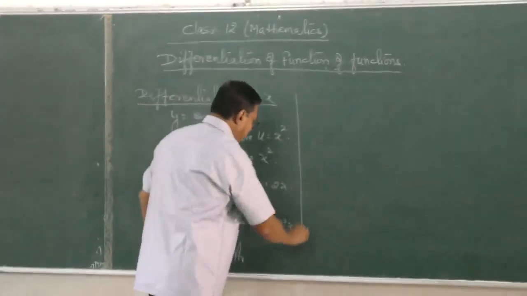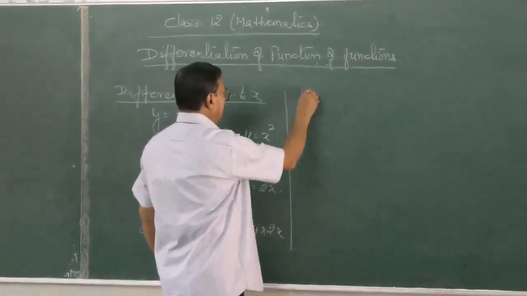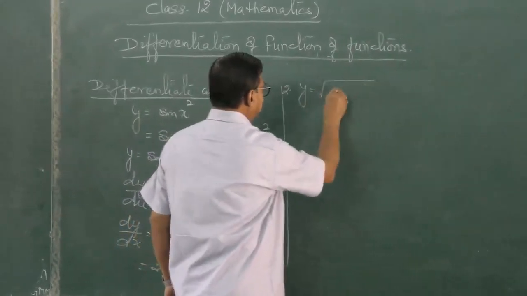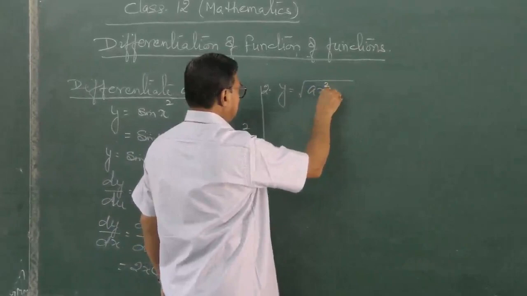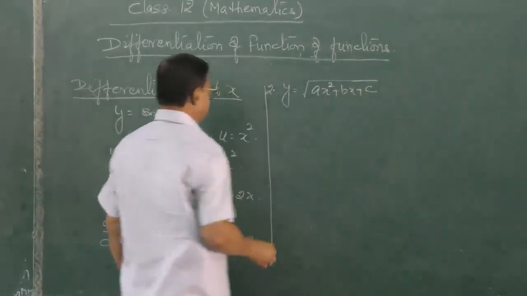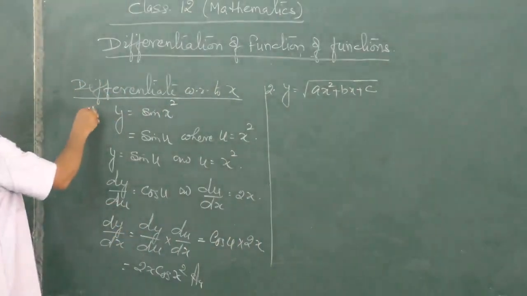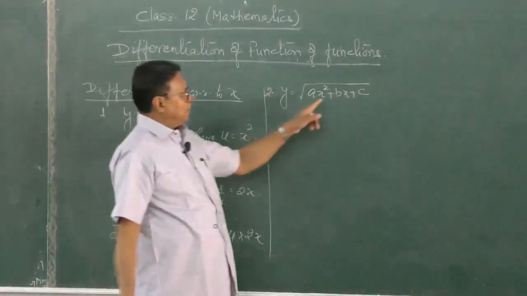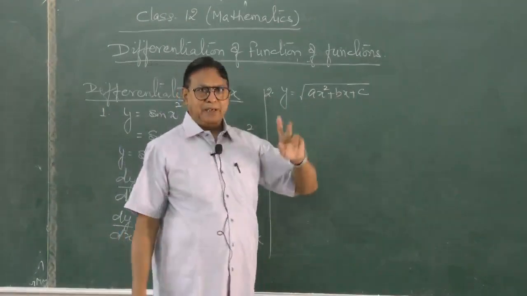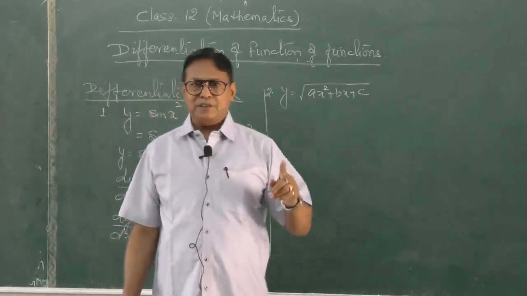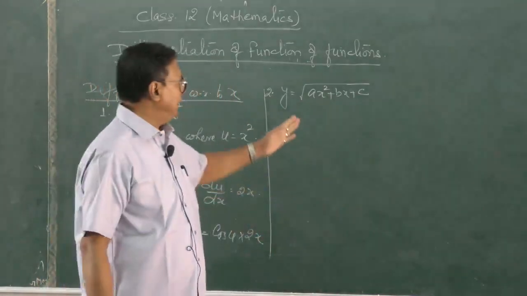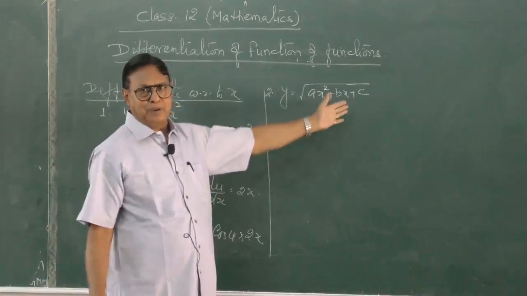Say y is equal to root over ax square plus bx plus c. Here again, if it is only ax square plus bx plus c, then the differentiation will be, x square is 2x, so 2ax plus b plus 0.